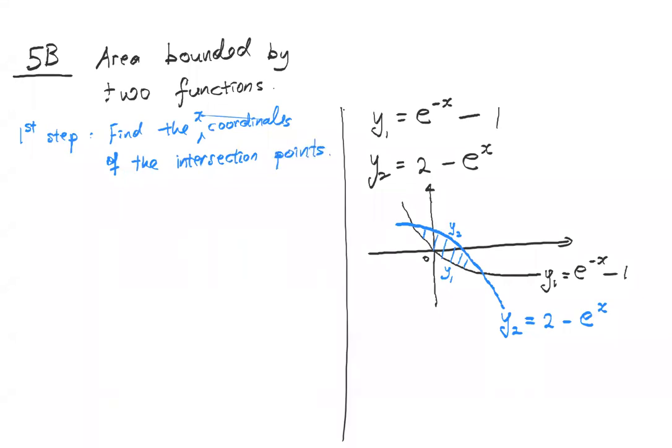Okay, there are two intersection points, correct? Can you please find them using your graphic calculator and tell me what the answer is? I might as well do it by myself first.